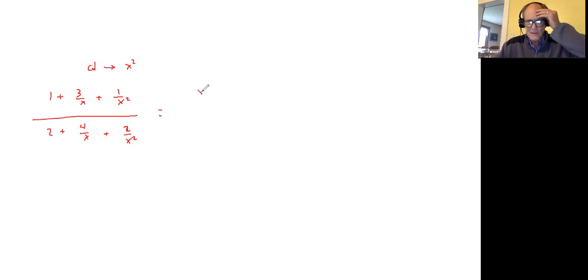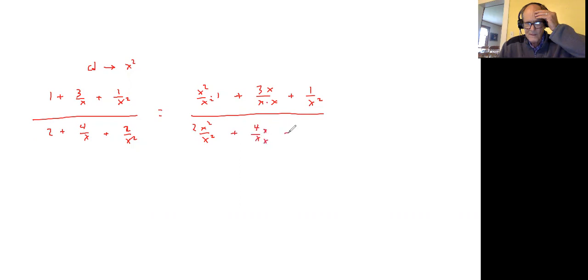So then I'd need x squared over x squared, and I'd need x, whoops, I just made a mistake there, over x times x, and then here I already have my x squared. And down here I'd have the same thing, so 2x squared over x squared to get my common denominator of x squared, 4 over x times x over x, and then I don't need to do anything here.